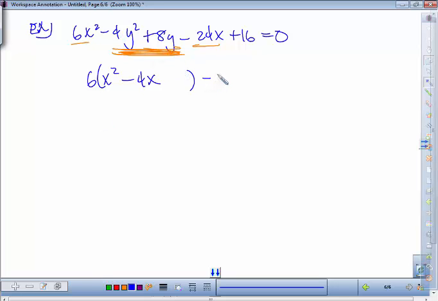And then for the y's, I'm going to take out a negative 4. So negative 4 out of this would be positive y squared. Negative 4 out of positive 8 would give me negative 2y. And then I'll go ahead and bring the 16 over to the other side.